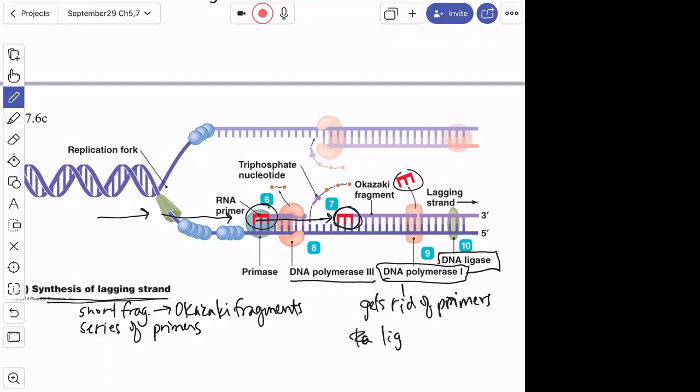Sorry, I'm trying to do this fast. Ligase basically seals the ends. I think what it does is add a phosphate, just to make sure that the DNA is all one strand. So the important enzymes there: DNA polymerase 3, the helicase, the stabilizing proteins, DNA polymerase 1, and ligase.